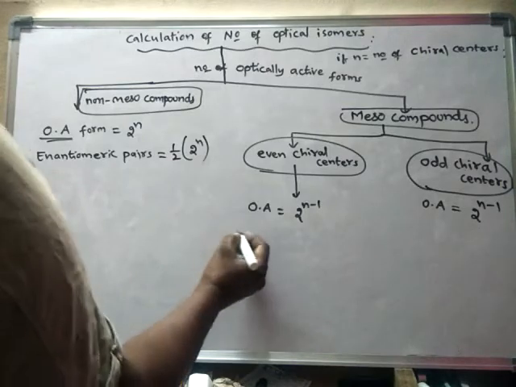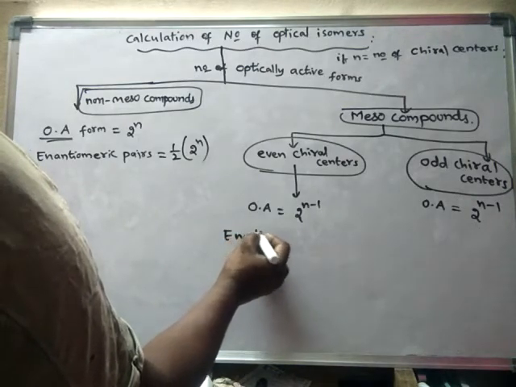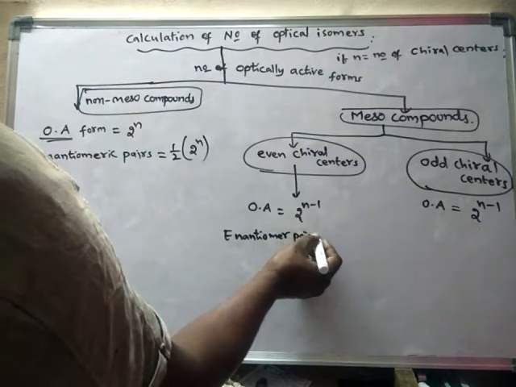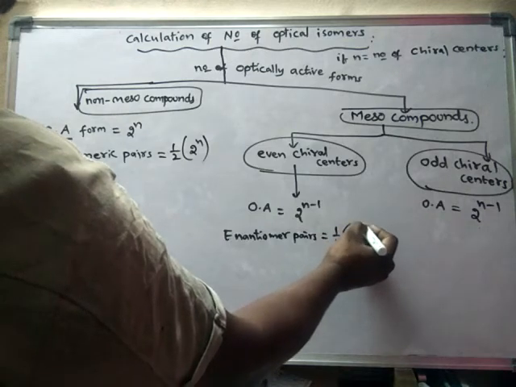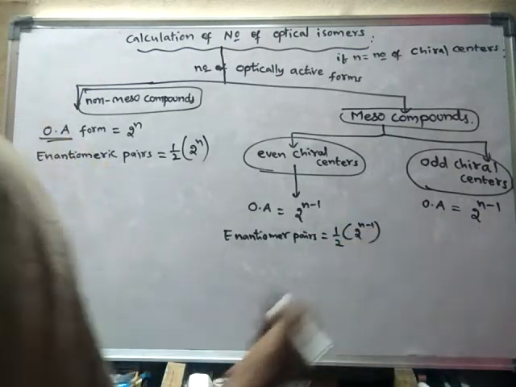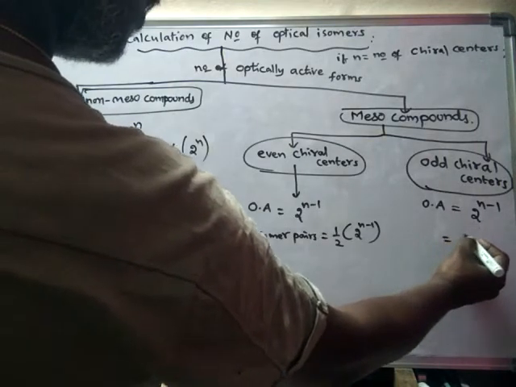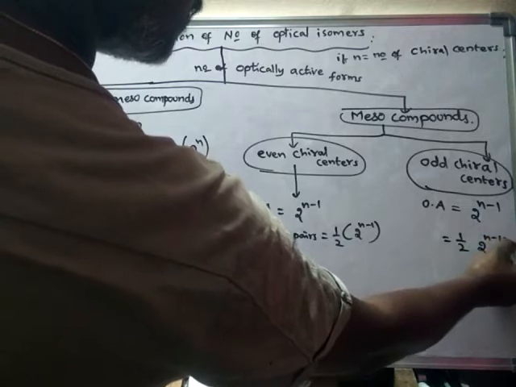Then the enantiomer pairs will be half of this, so it will be equal to half of 2 to the power of n minus 1.